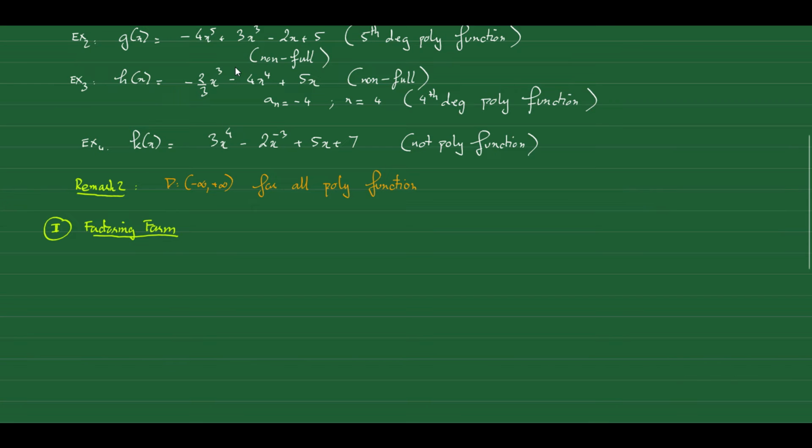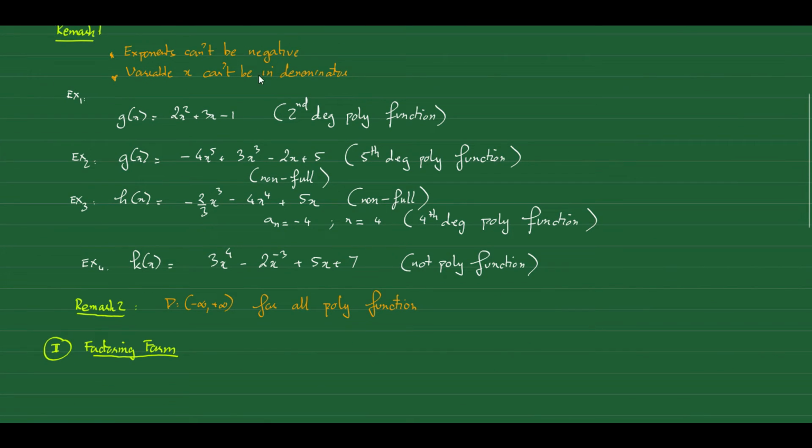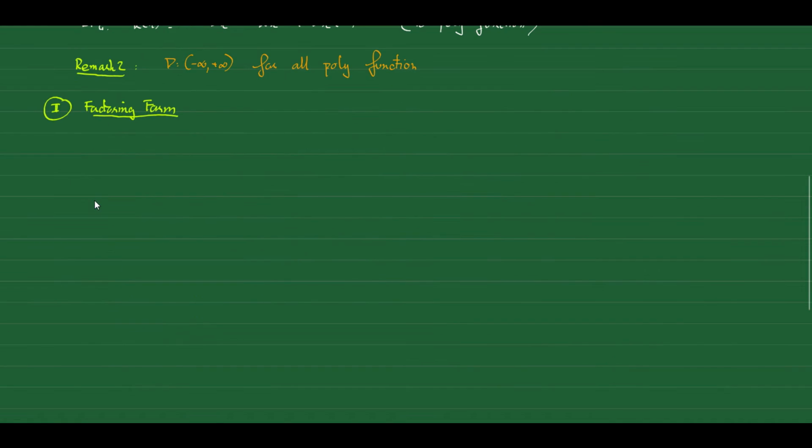This is what the factoring form looks like: f of x equals a times (x minus z sub 1) raised to the m1 times (x minus z sub 2) raised to the m2 times (x minus z sub 3) raised to m3, and so on up to (x minus z sub n) raised to the m sub n.